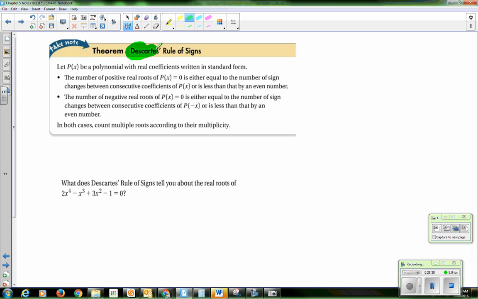Descartes' rule of signs. What Descartes was telling us back in the day is that if your polynomial has real coefficients, the number of positive real roots is either equal to the number of sign changes or less than that by an even number.